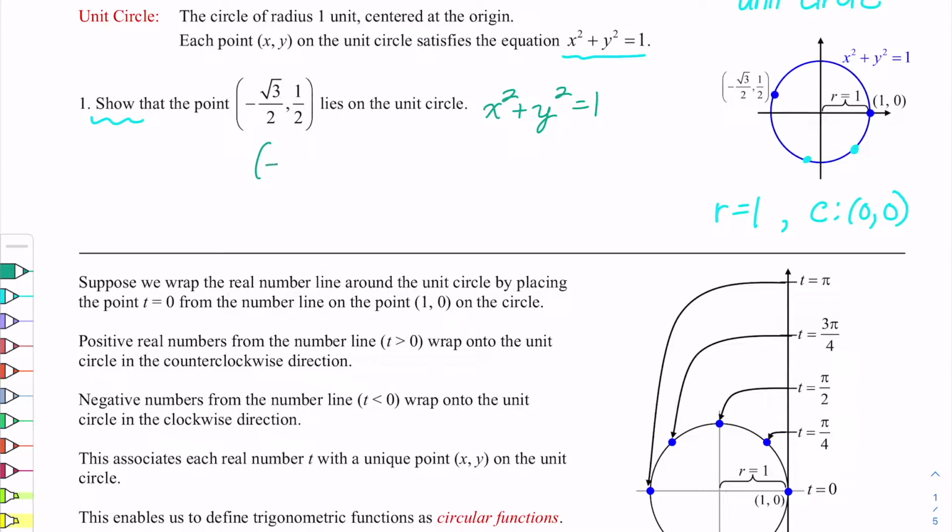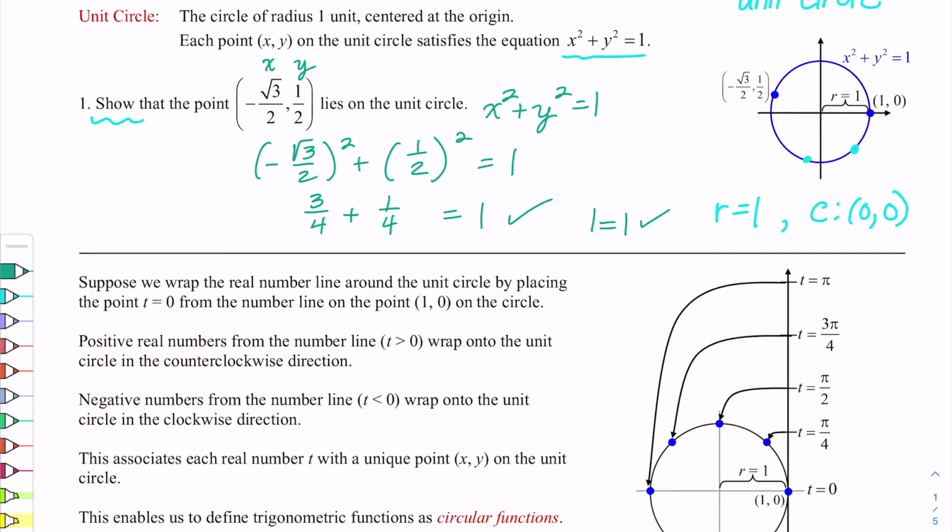So we have the opposite of root 3 over 2 squared plus 1/2 squared must be equal to 1. So we have 3/4 plus 1/4 equal to 1, and it sure does. 1 is equal to 1.